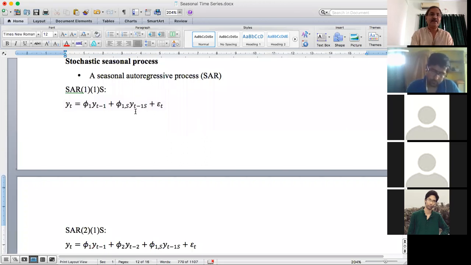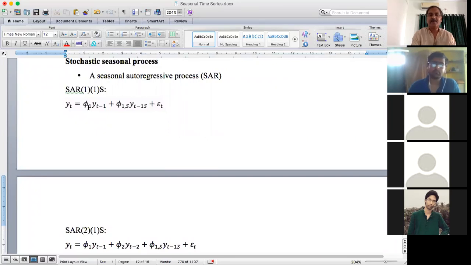In this way, we have to concentrate on whether the value of phi1 is equal to 1, indicating the presence of a unit root in the seasonal part, because we have already shown in the non-seasonal time series analysis that the presence of a unit root is equivalent to the coefficient of y t minus 1 being equal to 1, phi1 equal to 1 in AR1.